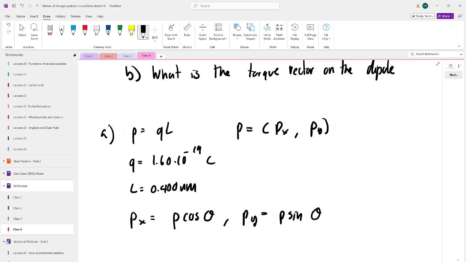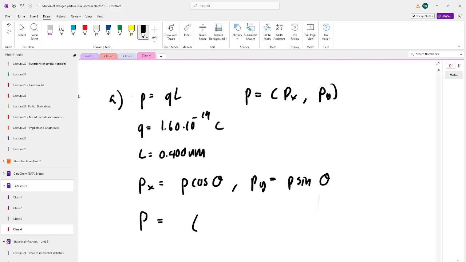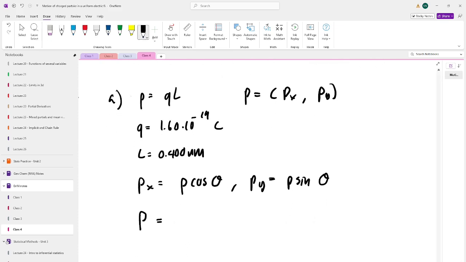So together, we get that P is equal to QL. So I guess we could calculate QL on its own. So 1.60 times 10 to the minus 19, and then L is 0.400 nanometers, which is times 10 to the minus 9, so we can write it like that.